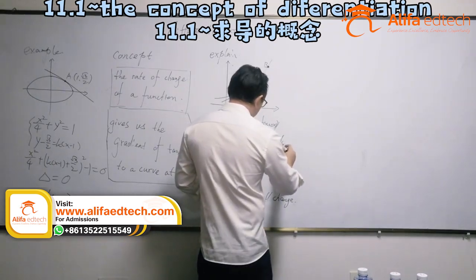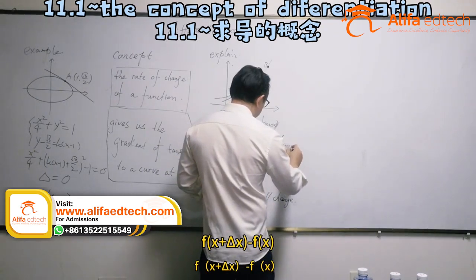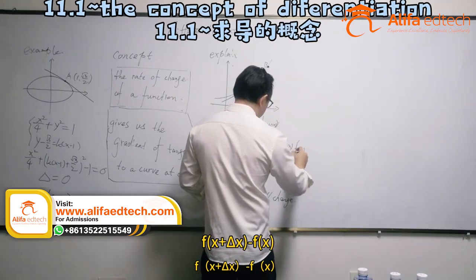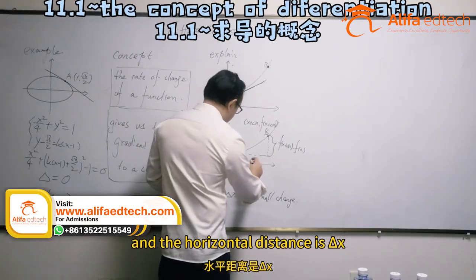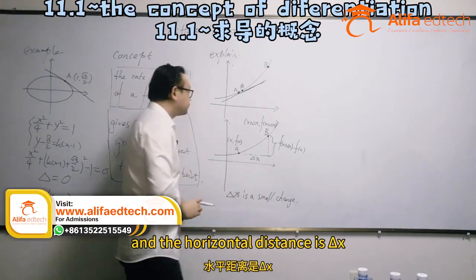It's f of x plus delta x minus f of x. And the horizontal distance is delta x.